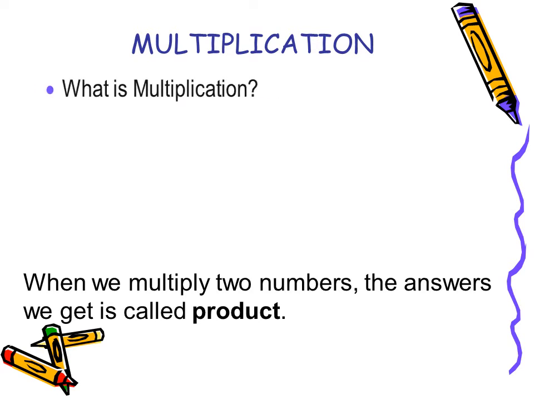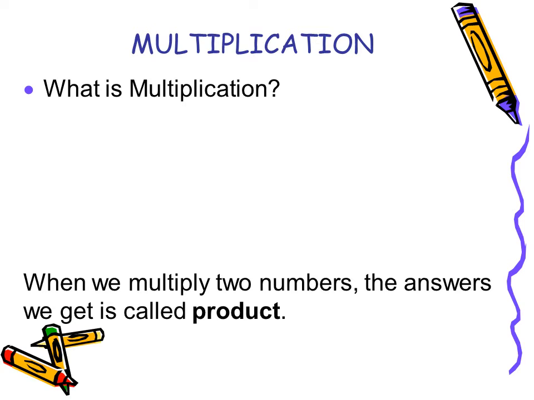What is multiplication and how is it done? What are the signs of multiplication? What is the identification of multiplication? We all will be learning these things in today's class.